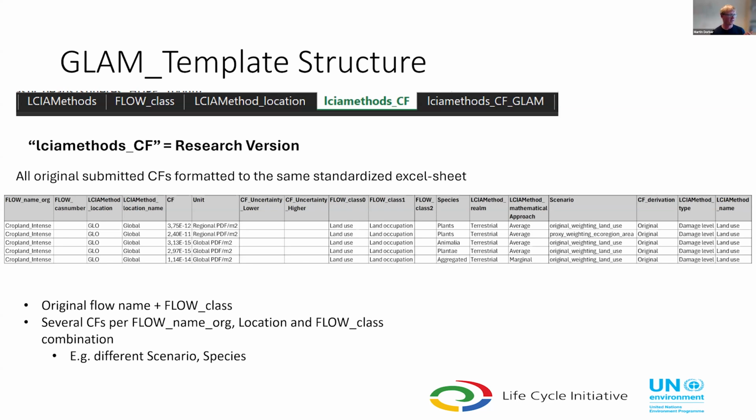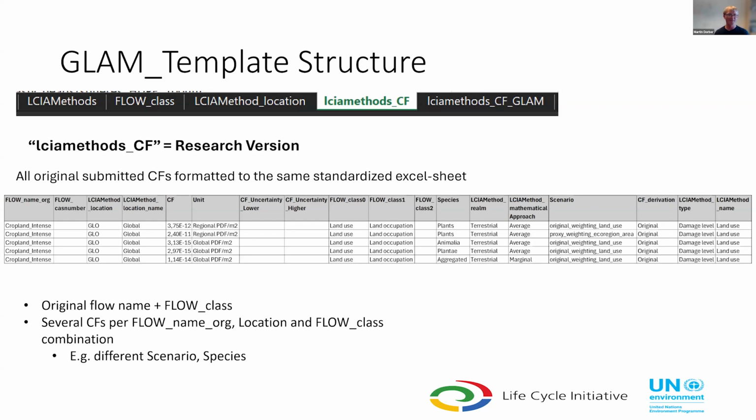We have, for example, the original flow name. So this is really the flow name like it has been submitted by the model developers. Then we have maybe a class number if it has been there, maybe a location and its name, the characterization factor itself, the unit, was there some uncertainty reported, and then flow class 0 to flow class 2, which is the compartment. Then, for example, for ecosystem quality, what species are covered, which realm. Then the mathematical approach: is it an average characterization factor, is it marginal?